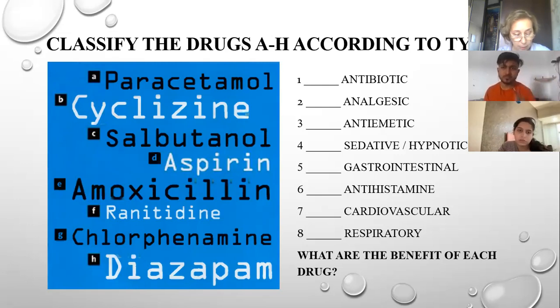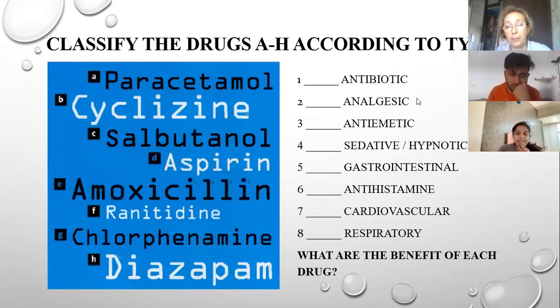Amoxicillin is an antibiotic. Okay, it can also be chlorpheniramine, with respiratory problems. Yes, you're right. This is amoxicillin, and also this one, salbutamol.